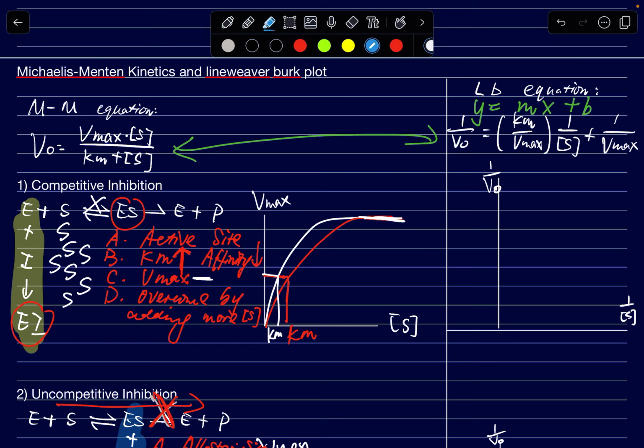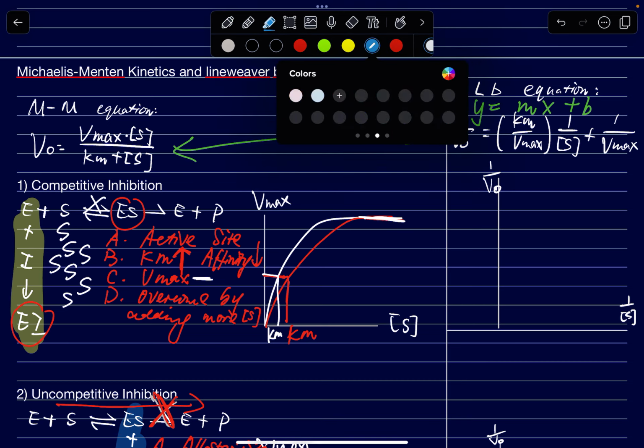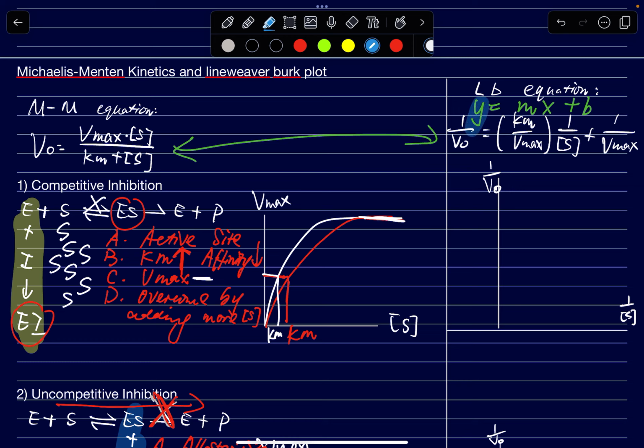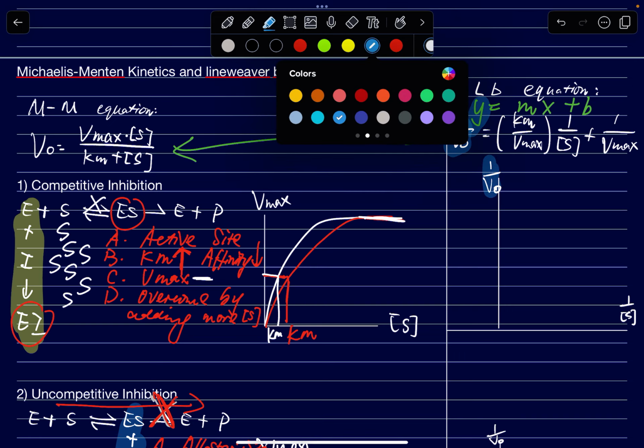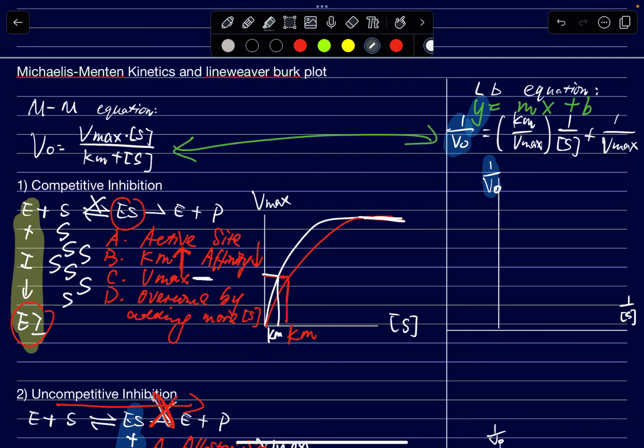Why? Because you can see that this y here is really just 1 over v, right? 1 over v, the y-axis. And the x-axis is really just 1 over S concentration, right? That is the x. Okay, so it's really not that bad.